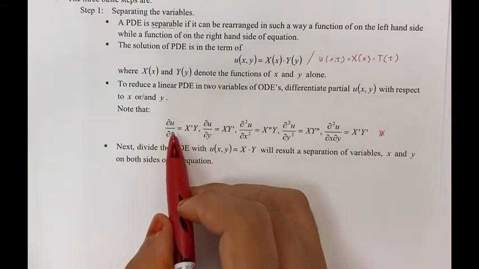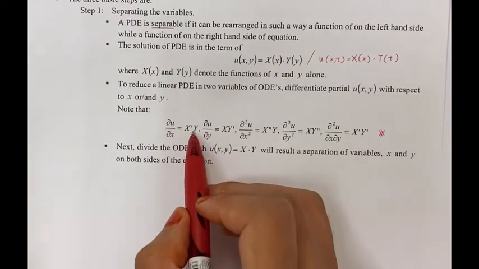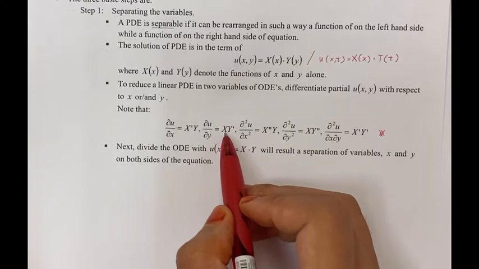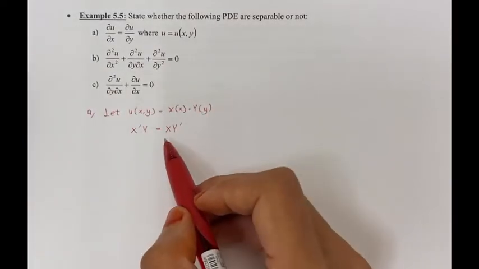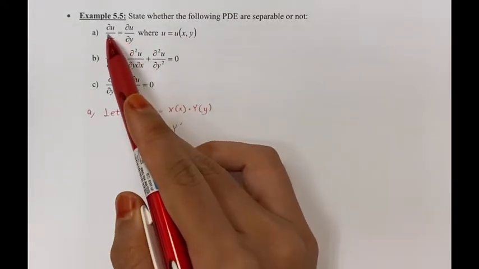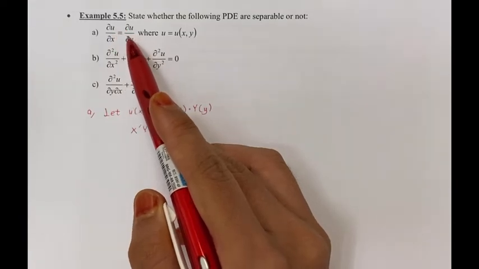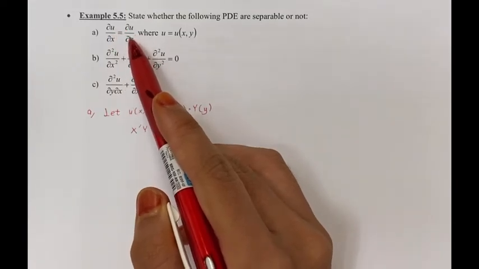You substitute del u over del x with X prime Y, del u over del y with X Y prime. So you have X prime Y equal to X Y prime.